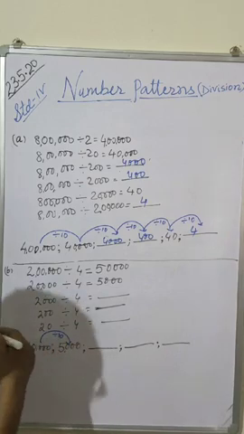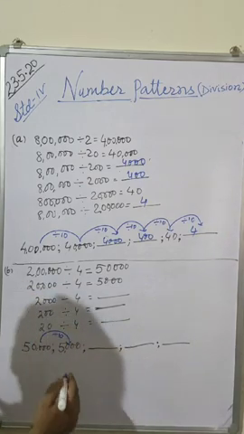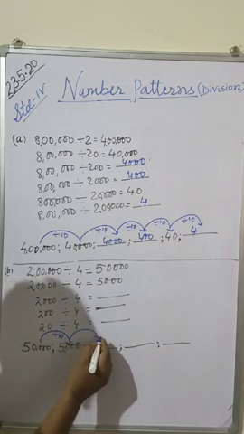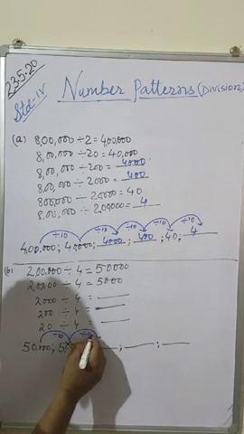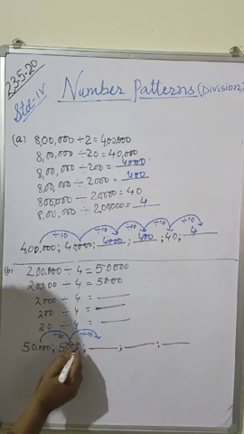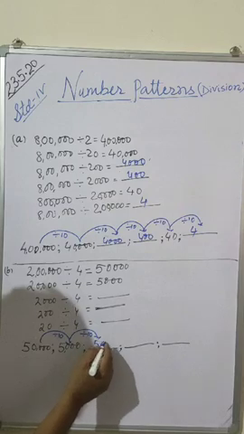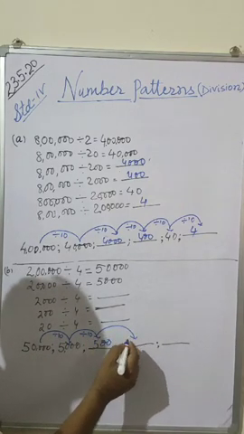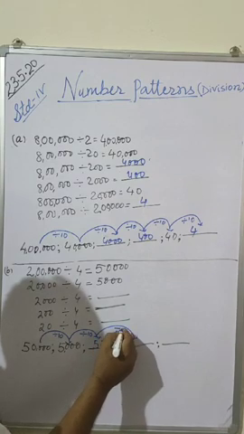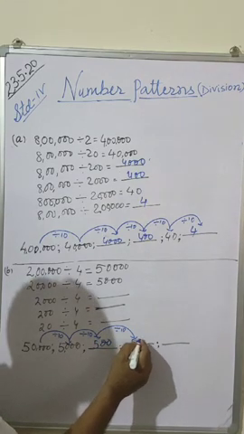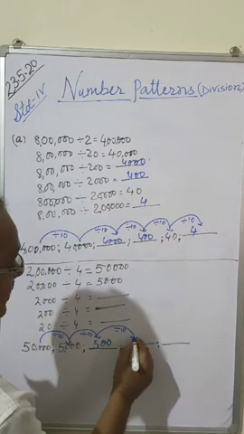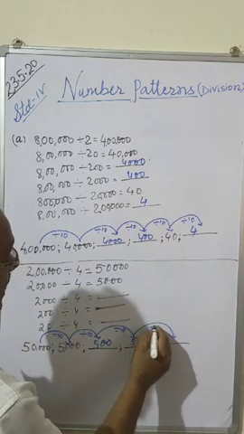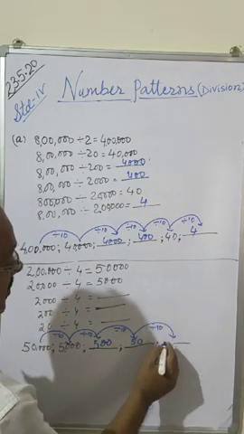So if the first pattern divide by 10, second pattern same divide by 10. Now 1 0 1 0 cancel, this will be 500. Again same pattern divide by 10, this will be 50. Again same pattern divide by 10, so this will be 5.